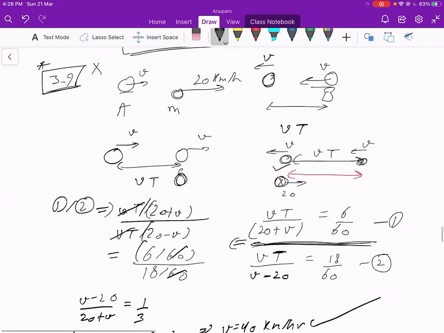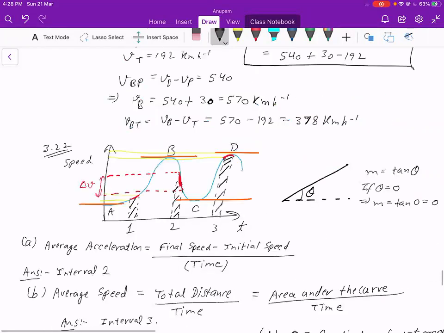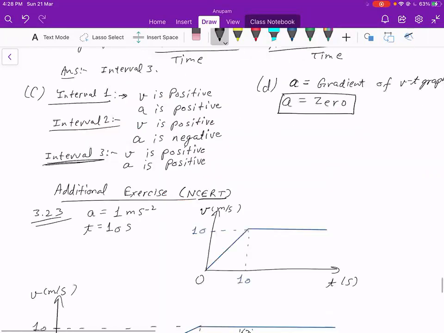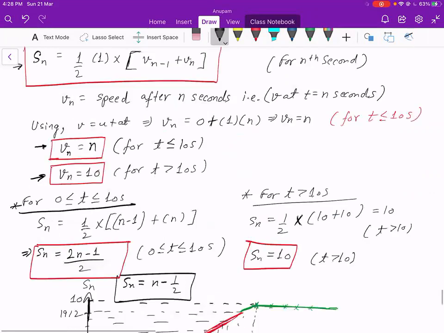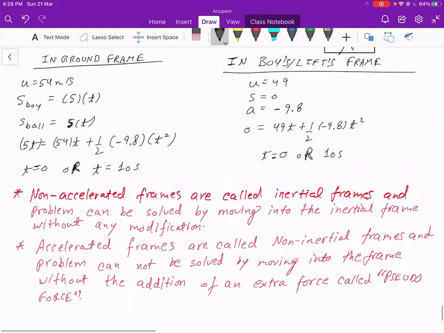Yeah, this is the one. Here also we went into the frame of the cyclist to solve this problem, right? So we have done this numerous times where we move into another frame and don't change anything. Any forces or anything are not applied extra. But side note, if the frame is accelerating, then things become different, and we will solve that kind of question in a different manner. Yes, right, sir.